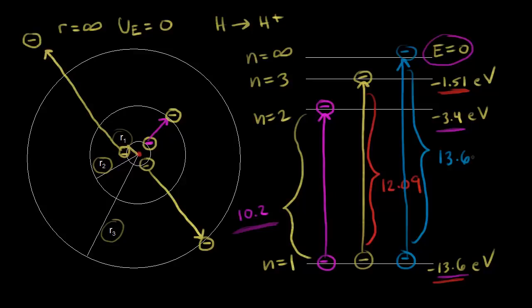And this number, 13.6 electron volts, corresponds to the ionization energy for hydrogen. And so the Bohr model accurately predicts the ionization energy for hydrogen, and that's one of the reasons why it's useful to study it and to think about these different energy levels. So not only are the radii quantized, but the energy levels are too.